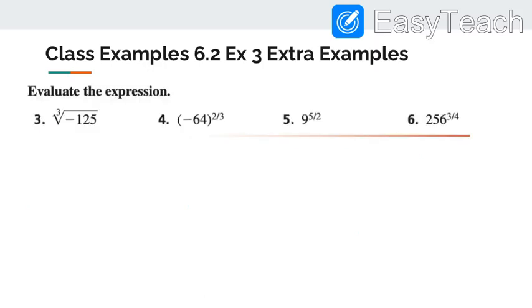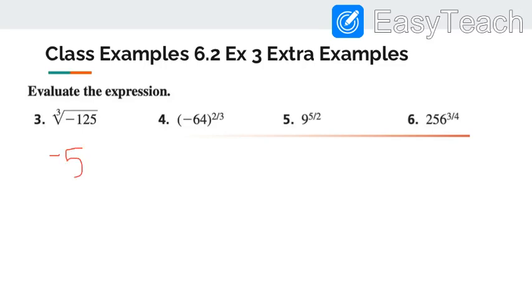Here are some extra examples that would be good for you to work through and know how to do. Try them on your own first, use Desmos, and then get those values written underneath. Your answers are as follows, but again, you need to be learning how to put this into Desmos so you know how to solve for it.